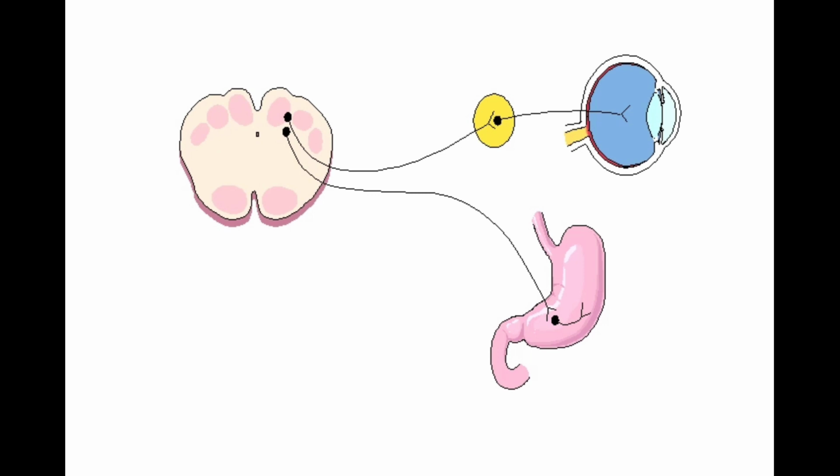Many parasympathetic ganglia are located close to or are embedded within the wall of the effector organ. In general, parasympathetic preganglionic neurons are long, while postganglionic neurons are short.